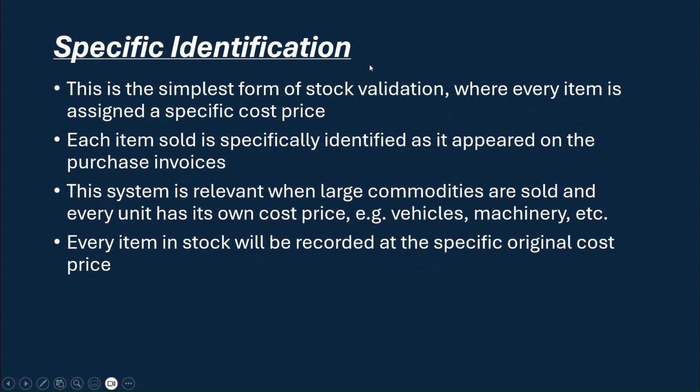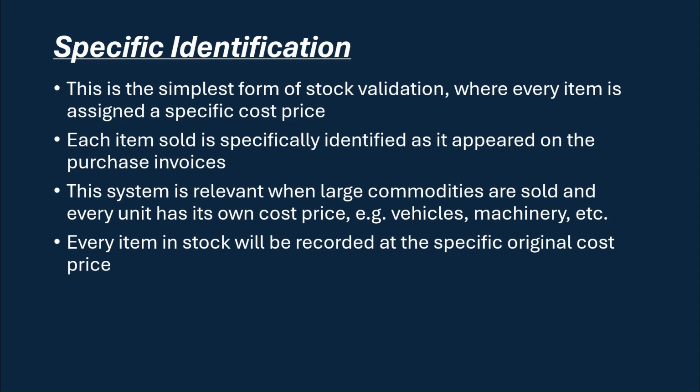not bad. Then now we have specific identification, the last one. This one is the simplest form of stock valuation, where every item is assigned a specific cost price, right? So with this one, let's just say a car dealership. In car dealerships, each and every car would have its own cost price.